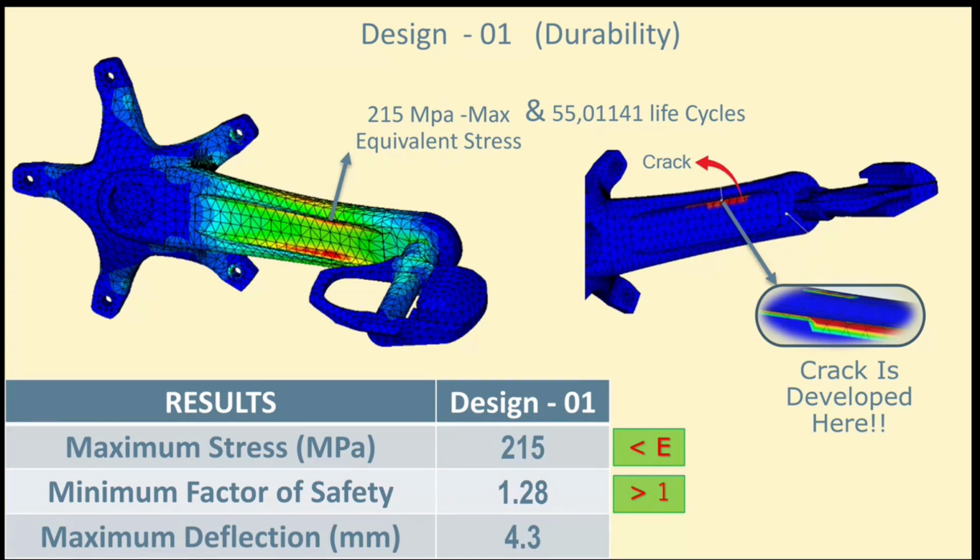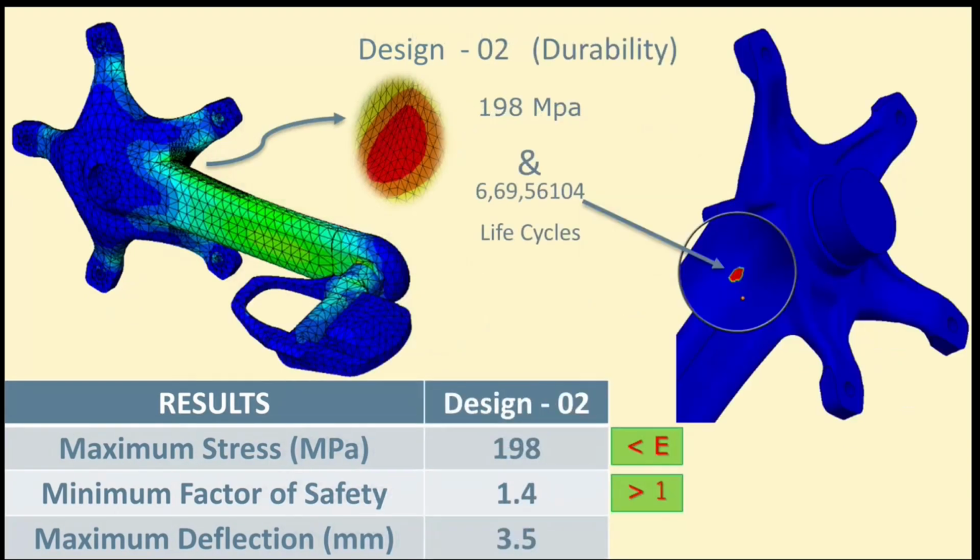The factor of safety we have obtained is above 1, that is 1.28. Let us go with the second iteration of the results. Here also you can see the stress concentration, and we have obtained 198 megapascals of stress there, and 6 crores 67 lakhs of cycles.